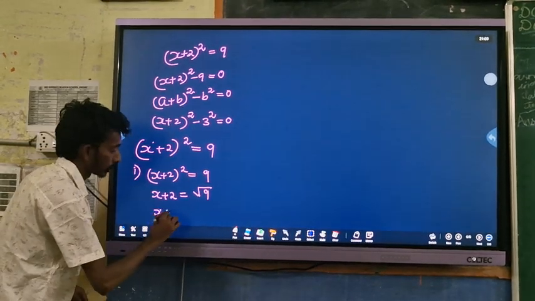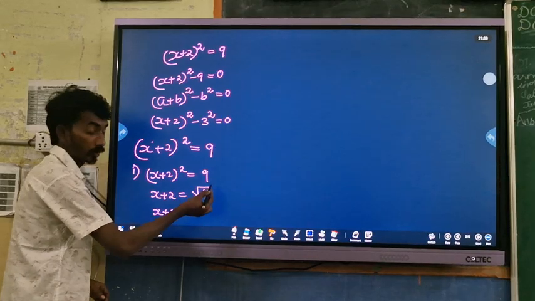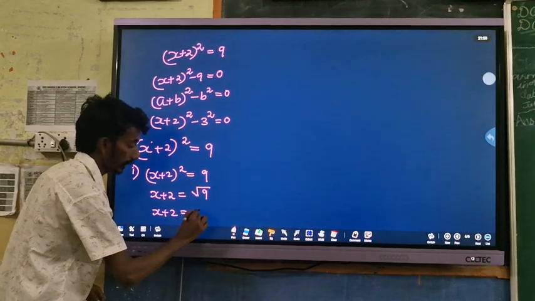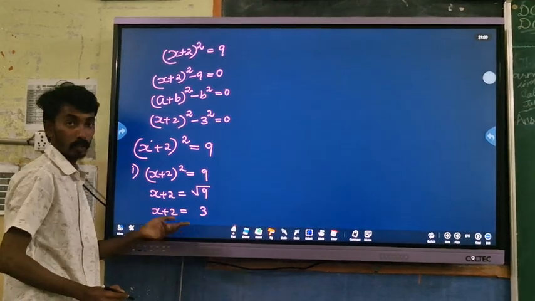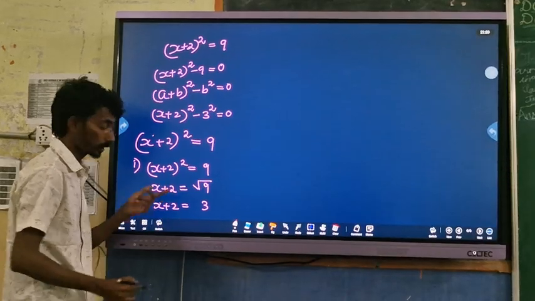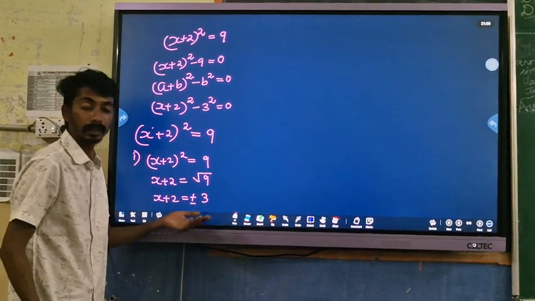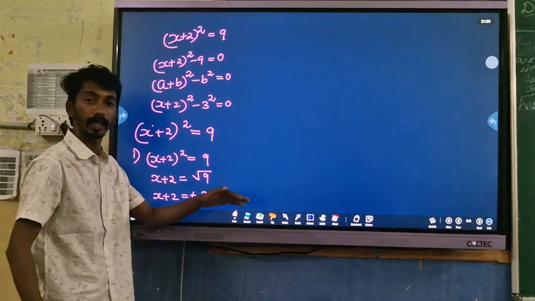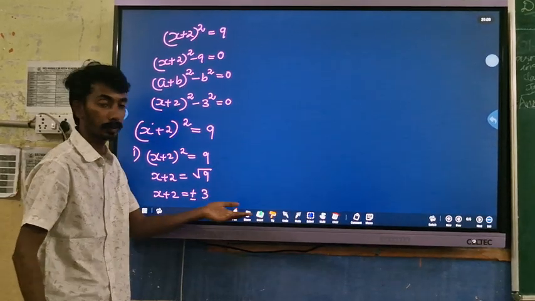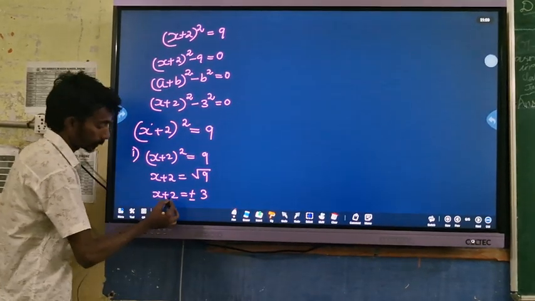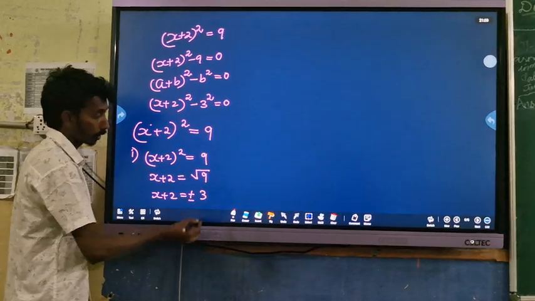What is the square root of 9? 3, 3 square is 9. When we take the square root, we have two things, plus or minus. It can be plus 3, plus 3 into plus 3 is 9, minus 3 into minus 3 is also 9. So x plus 2 is equal to plus or minus 3.